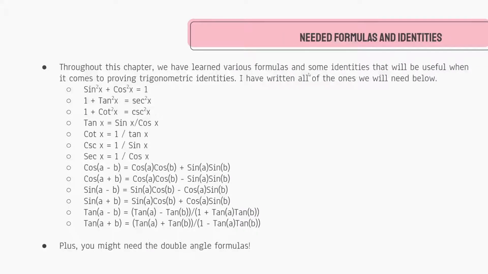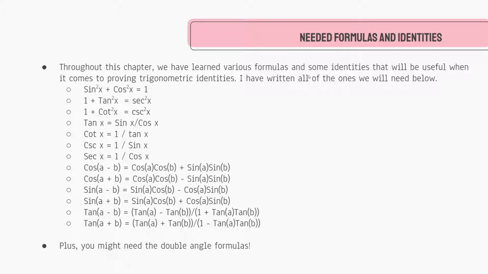However, if you actually need to prove something is an identity, you will have to know various formulas and even other identities. All of these we have already discussed this chapter, and some of them you should remember from last year. Over here, I've written out a nice list of what those equations actually are.